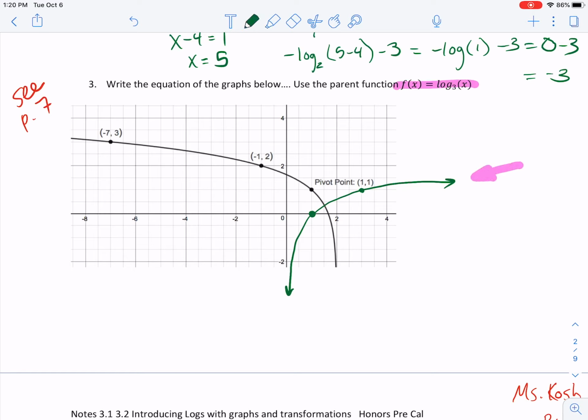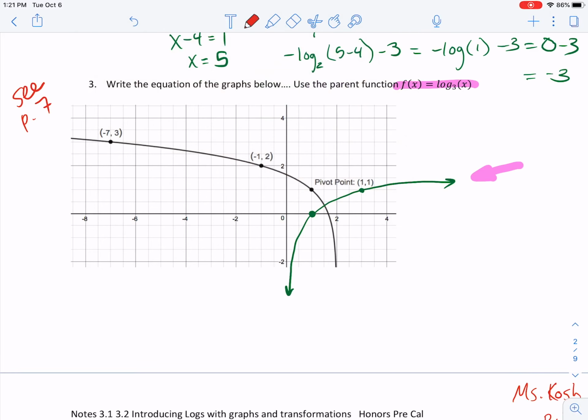So we need to figure out what we did to change things. It looks to me like they took this one in green and reflected it over the y-axis.